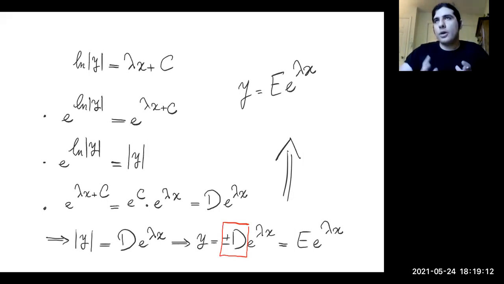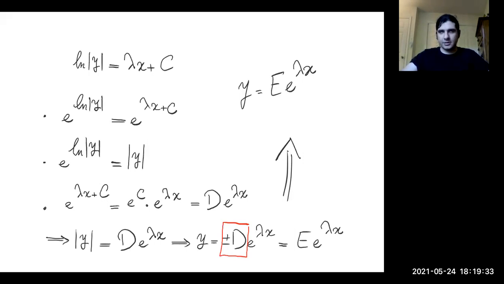So we showed that this is the solution to the equation, and these are all the solutions for different constants e. If e is equal to 0, we would get the trivial solution we started with. If we take e to be 1, we get the other solution we had before.